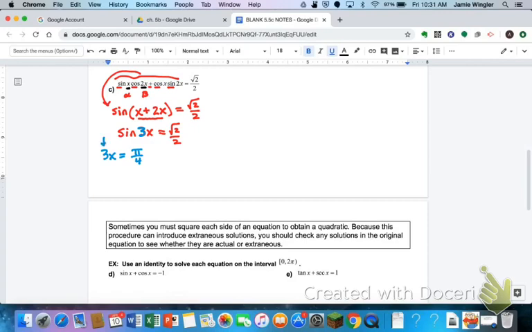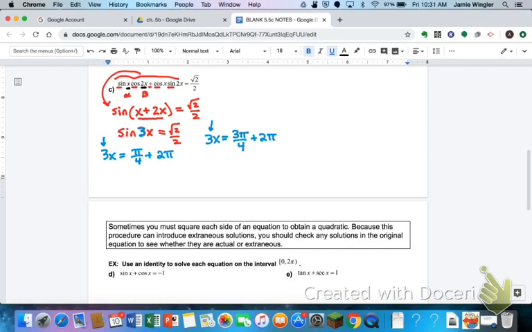Anytime you put a multiple in front of the angle, you have to add 2 pi to your answer so that you can get multiple answers. I also know that 3x is equal to 3/4 pi because the y value is radical 2 over 2 at 3/4 pi also. Since I have a number in front of the x, I have to add 2 pi so that I can get my multiple answers.